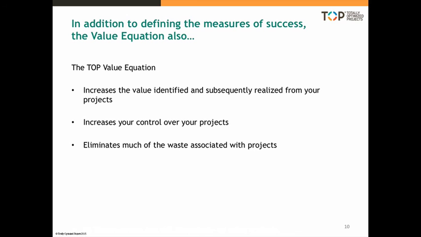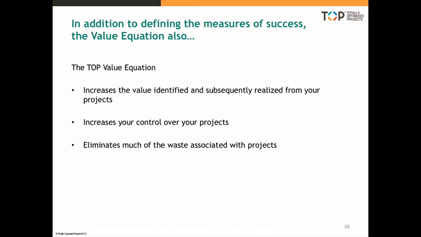It increases your control over projects because everything is now measurable. The change activities, each change activity needs to produce a measurable output. The outcomes are measurable, the benefits are measurable, the financial values are measurable, the value drivers are measurable. Everything is now measurable, giving you far greater control over your measures of success.